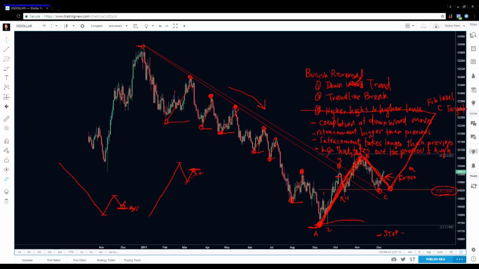This is your entry point on this particular trend trade. And then your exit would either be down here below the original low or your target, which is up here, which is a measured move.